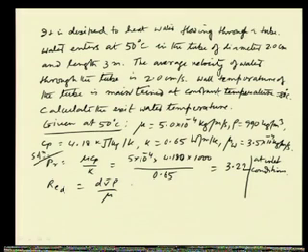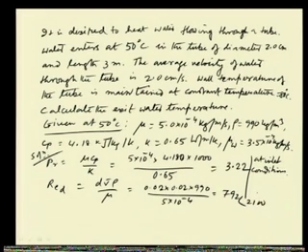So, Reynolds number is 0.02 into 0.02 into 990 divided by 5 into 10 to the power minus 4, and this becomes equal to 792, which is well below 2100. So, we can say it is a laminar flow.